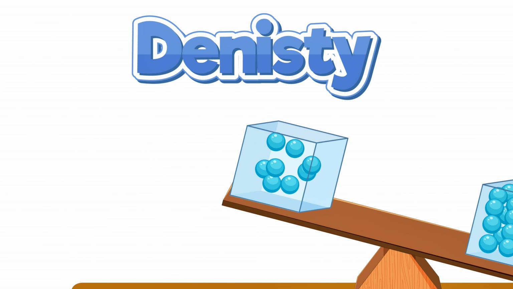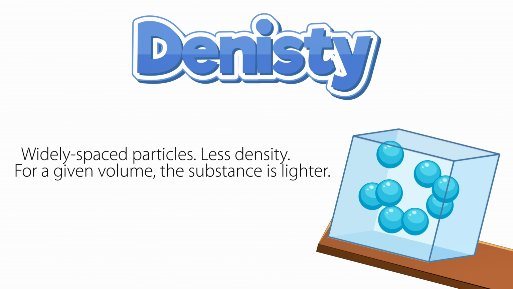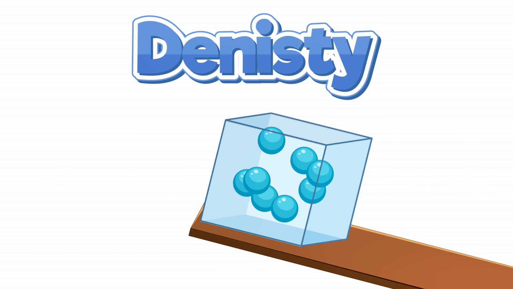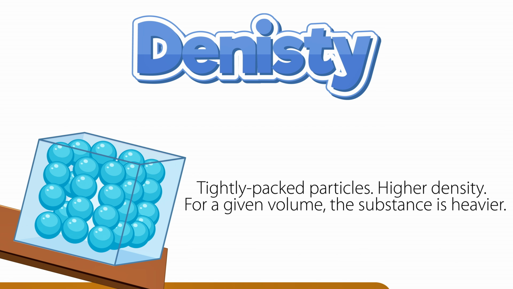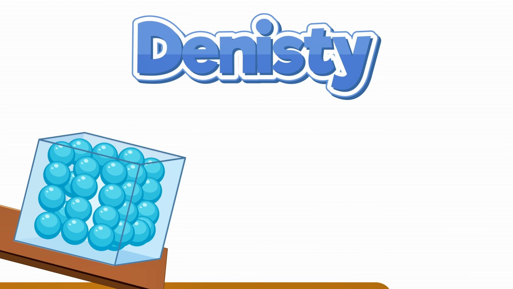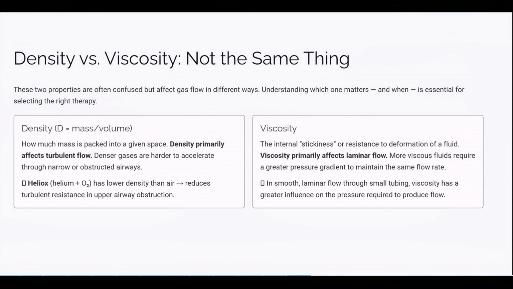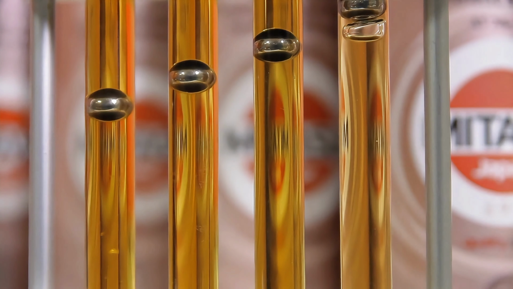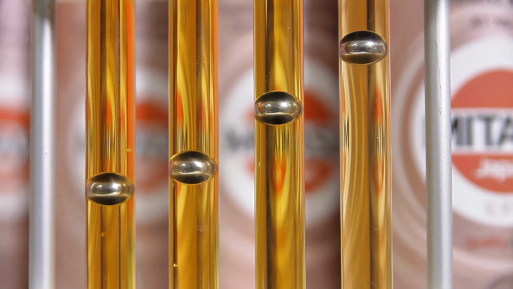A denser gas is heavier for its size, and it's harder to push through a narrow or obstructed airway. Viscosity is something else entirely. Viscosity is internal stickiness, a fluid's resistance to being deformed, like layers dragging against each other as they slide past.